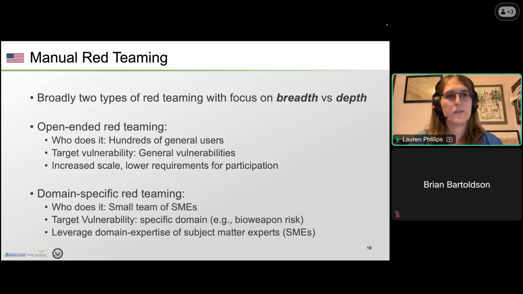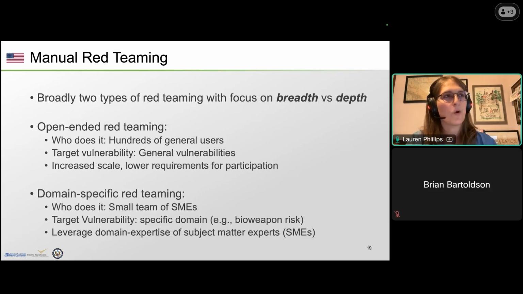So diving into manual red teaming, there are a couple of examples here. I think mostly in terms of depth for manual red teaming, where you really want to dive deeply into a specific subject. But you can also do a very open-ended style of red teaming. And I'll give an example of an event like this.